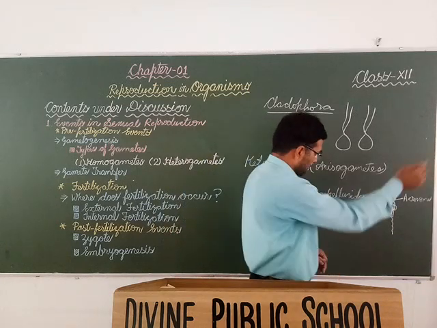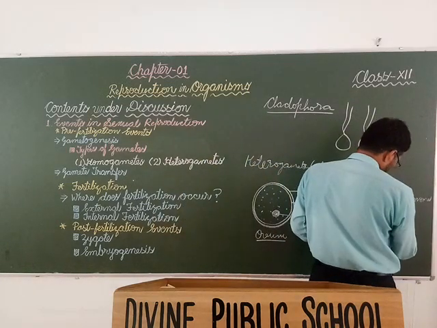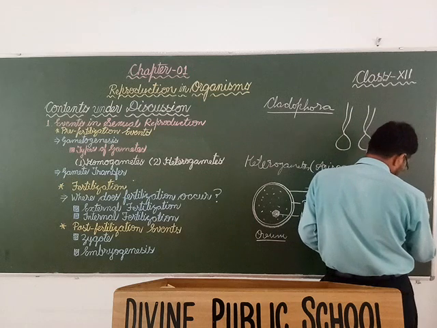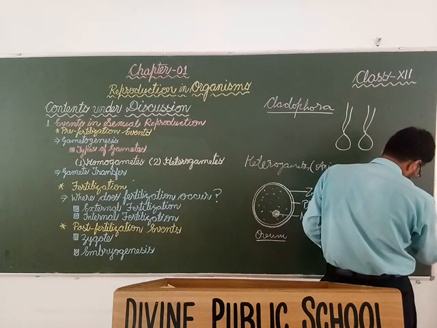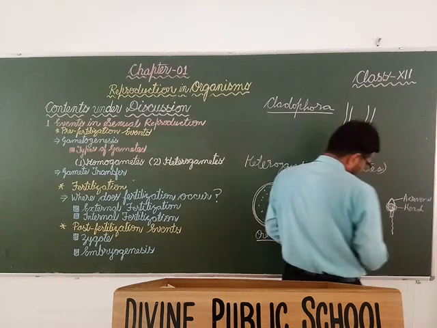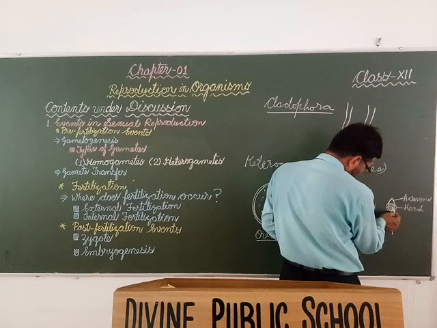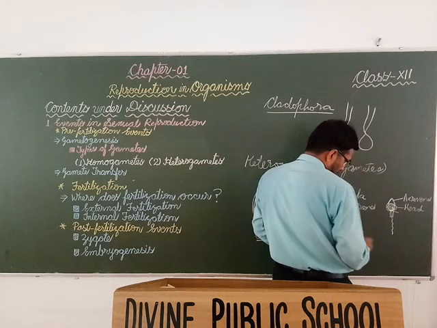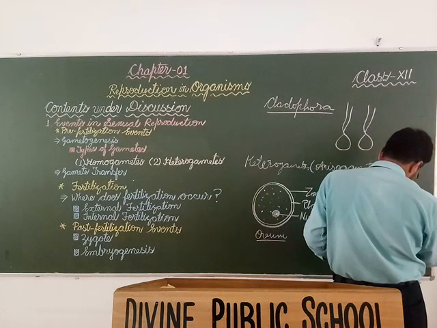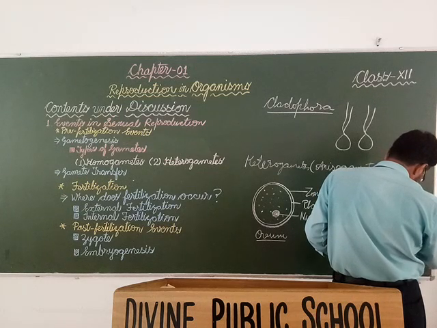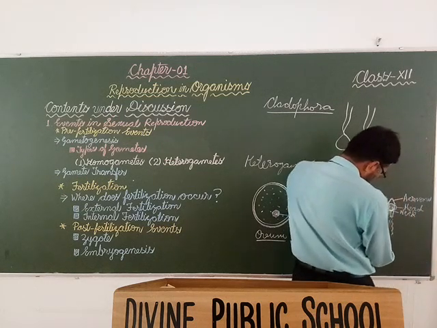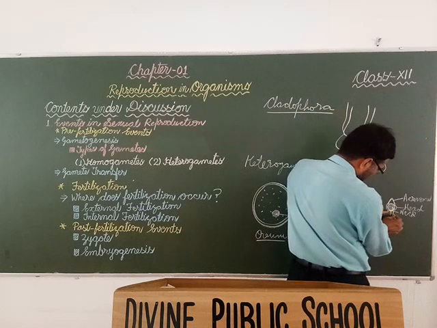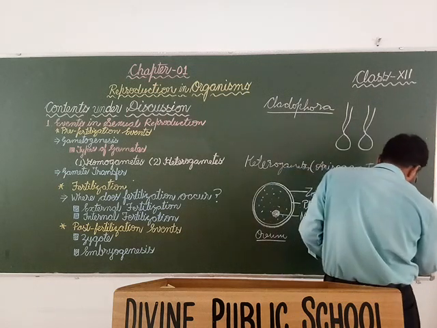Now, students, this structure is called the head. This small portion here is called the neck. And this somewhat bigger portion is called the middle piece.